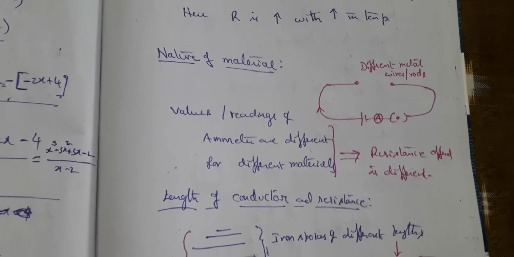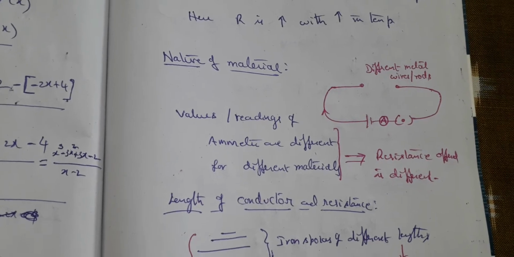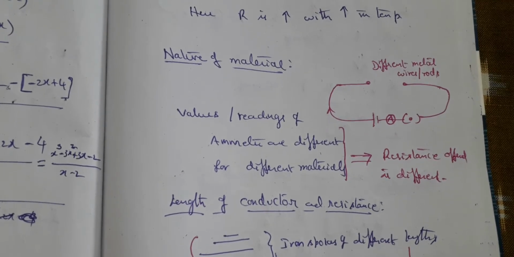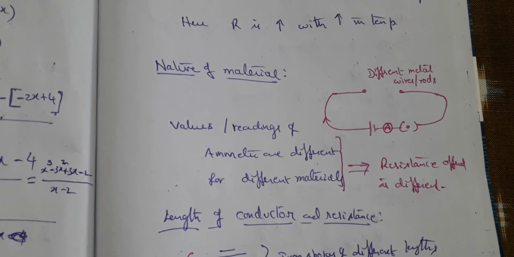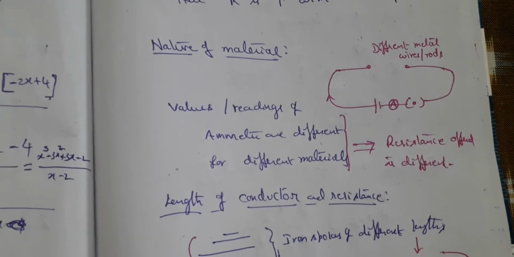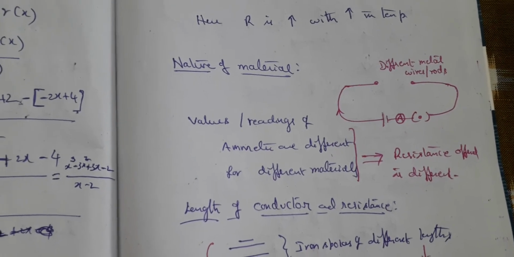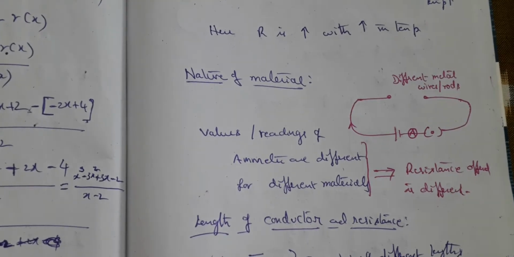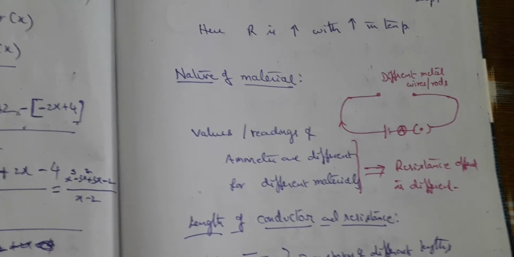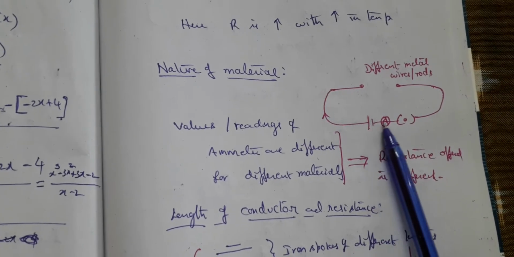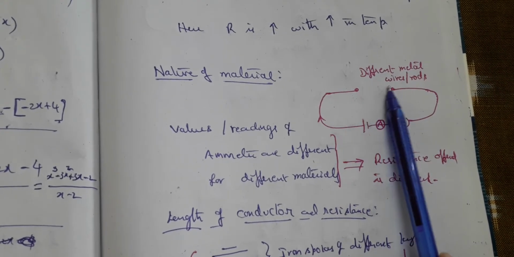With every material take one reading. With one material take the ammeter reading, then replace the material and you will get the other reading. If you observe, the readings of the ammeter are different for different materials. Which means if the current is different, the resistance offered is different, because the battery you are giving is the same and the connecting wires are the same. The only thing is you are changing the material.